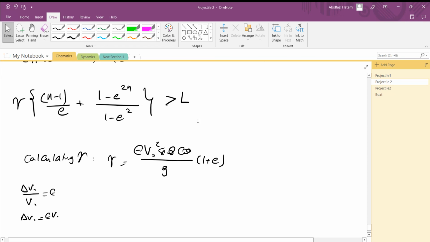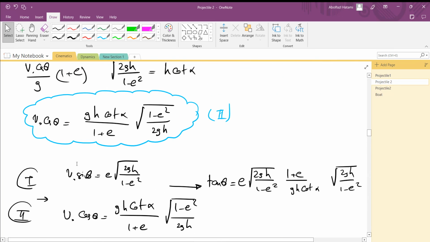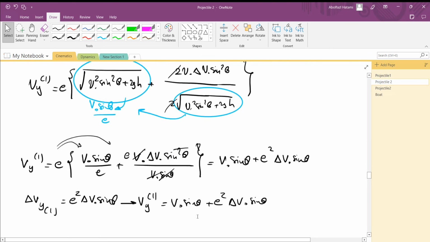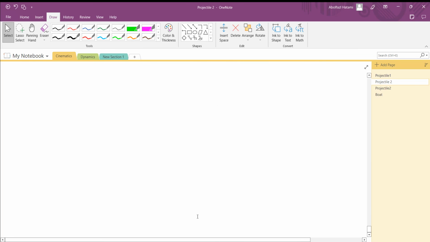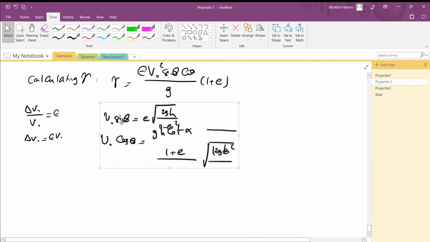So what is V0 sine theta, V0 square sine theta? From here you can see that we obtained V0 sine theta and V0 cosine of theta from these expressions. If I copy this expression and paste it here, we have this term.